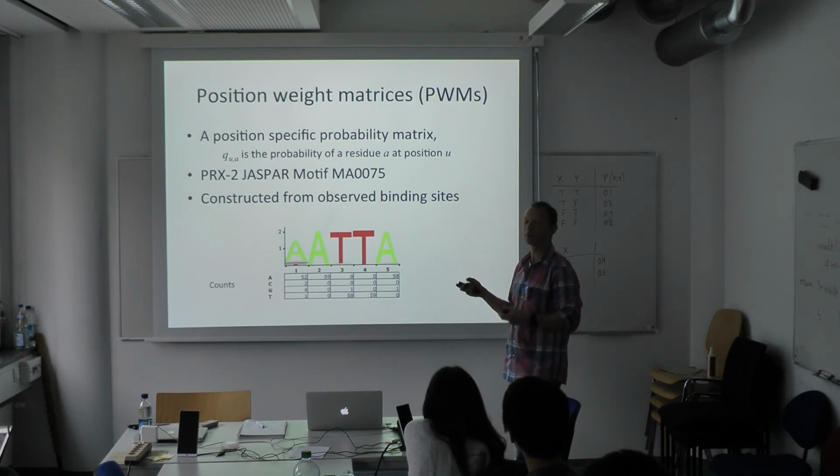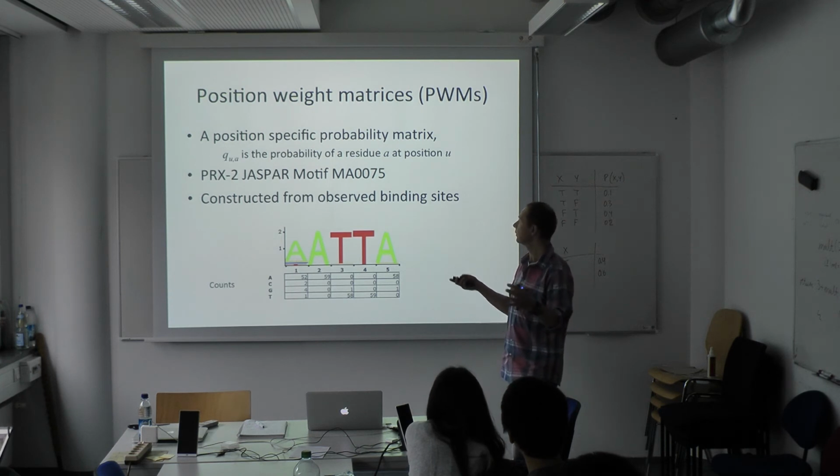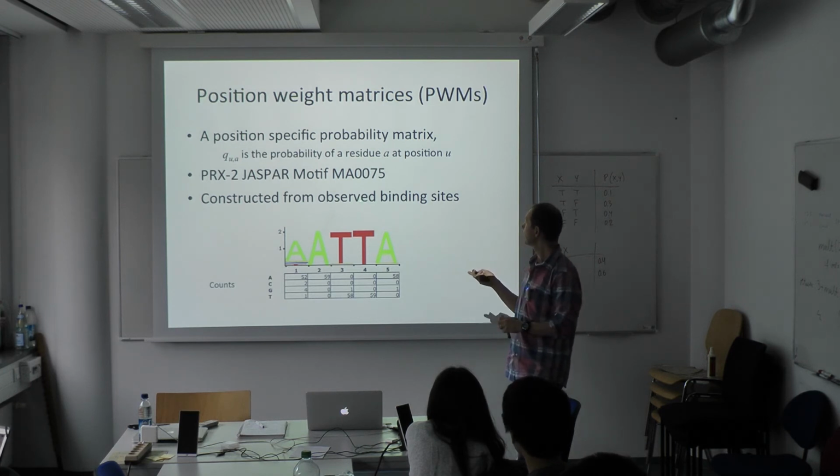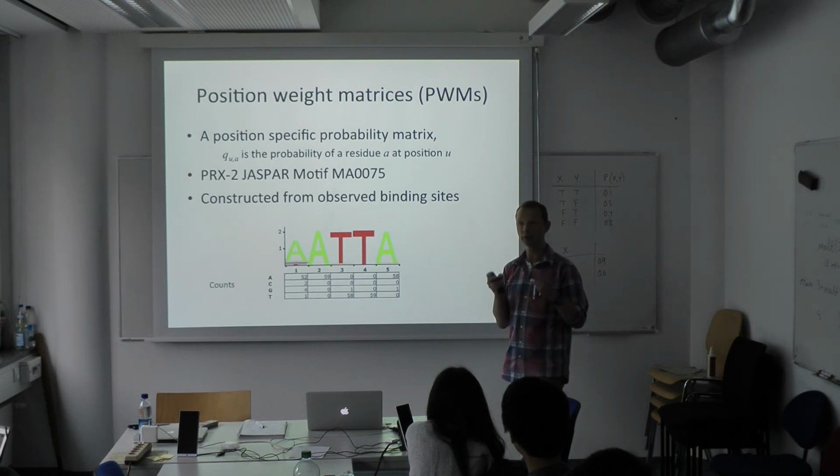This is a particular binding site that I've taken from a database, but it serves to illustrate a couple of points in how we should be constructing a scoring system. So we have observed binding sites, and in fact they come mostly from so-called SELEX data.